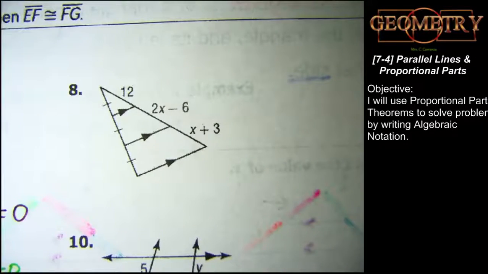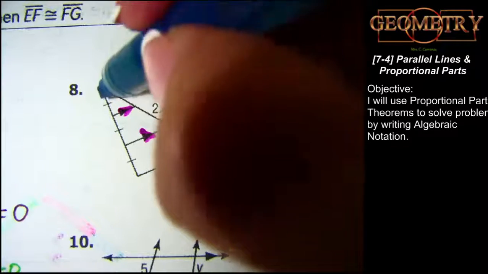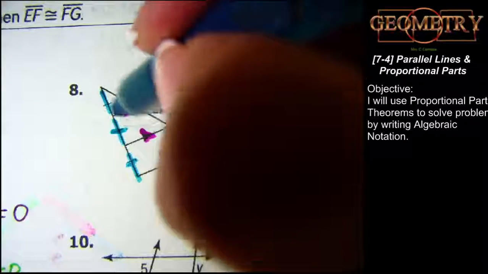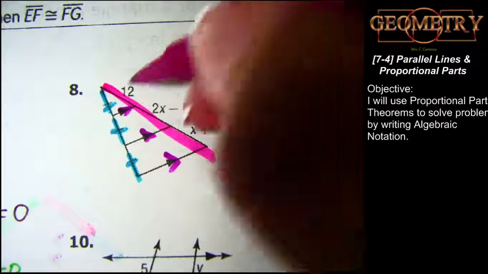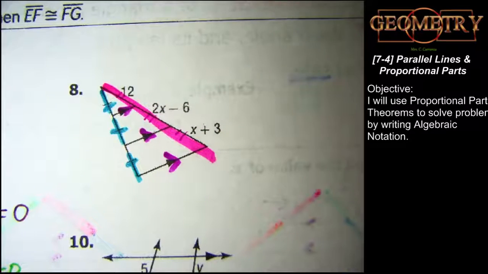Let's look at number 8. What's our setup? Congruent parts, because I've got some parallel lines happening here, here, and here. I have one of the transversals getting chopped into 3 equal pieces, and that implies that the other transversal got chopped also into 3 equal pieces. And so I get to write an equation with any 2 of those that I want that's the easiest for me to solve.